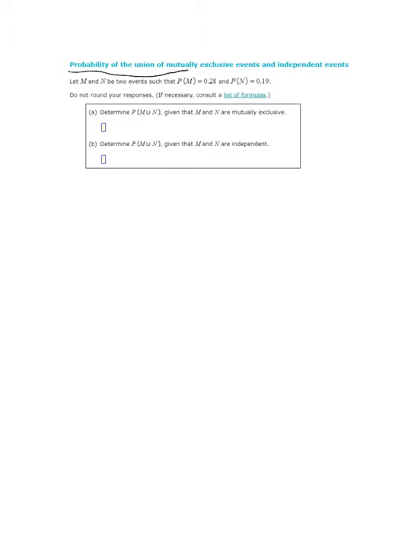Probability of the union of mutually exclusive and independent events, okay? All right, so we just talked about what independent events look like, okay? But now mutually exclusive events are going to look like this.